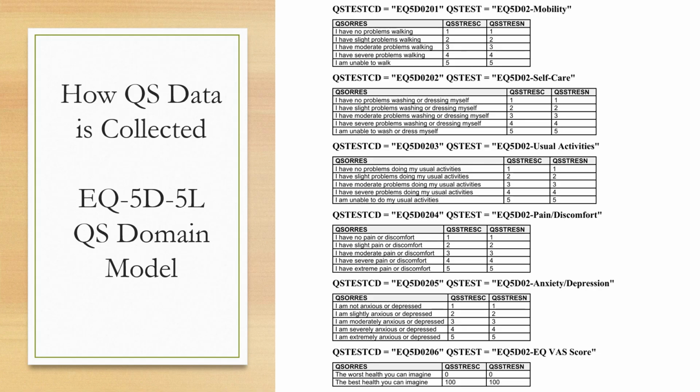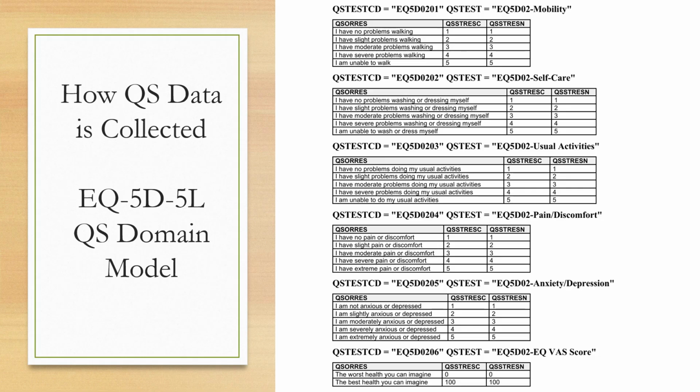When the question is for the first test, that is mobility, the test code was EQ5D0201, and the test name will be populated as EQ5D02 mobility. This is the coded value we are using for the test code. This is the questionnaire for EQ5D, and this question is related to mobility. So you can correlate the QSTEST and the QSTESTCD value as well.